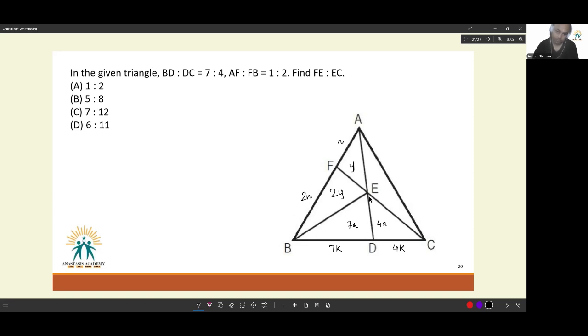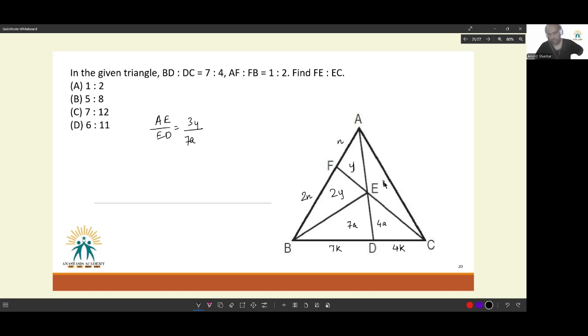The ratio of AE by ED will be equal to 3y by 7A, and here also the same ratio should be maintained.